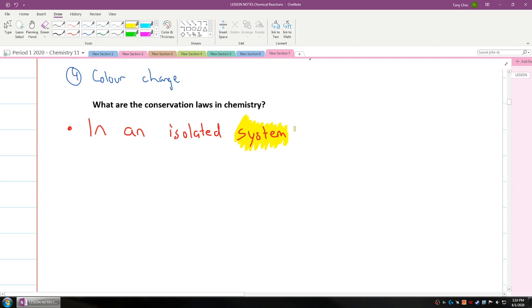So an open system is where you could have particles enter, you could have particles leave. Not only that, but energy can also come in and leave. A closed system is like, for example, you put a lid on a container. Now there's going to be no more chemicals entering or leaving, but that container may still allow energy to be transferred.